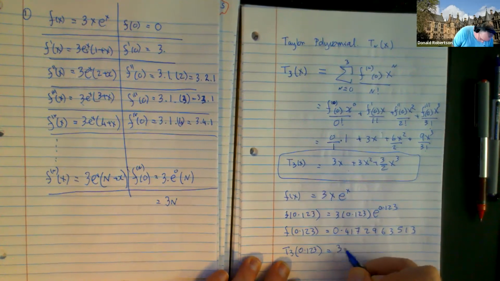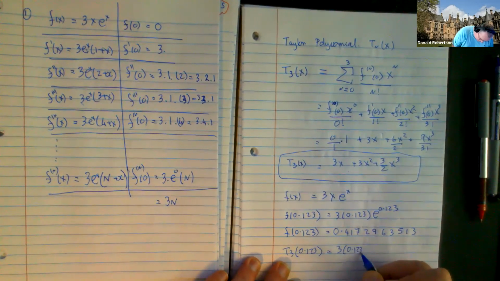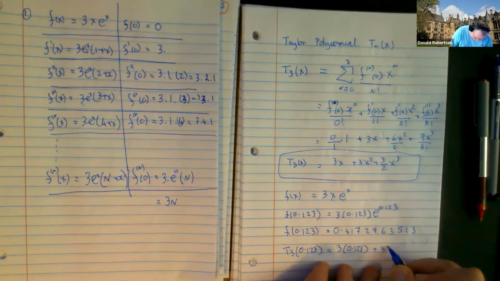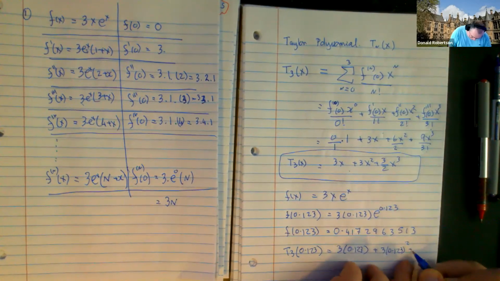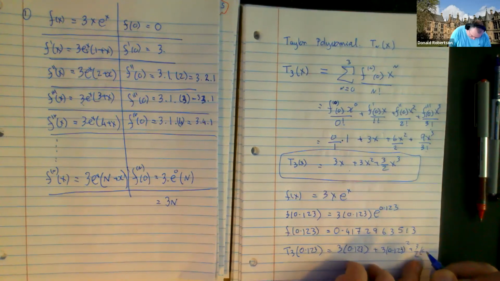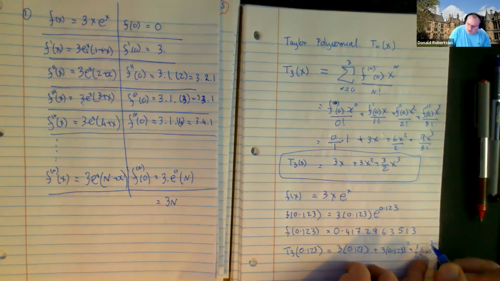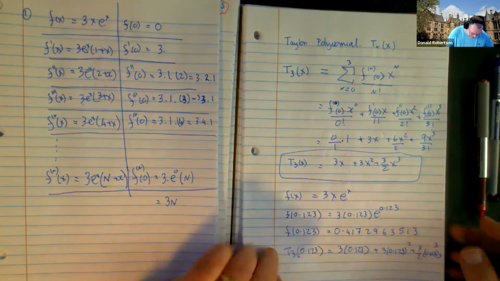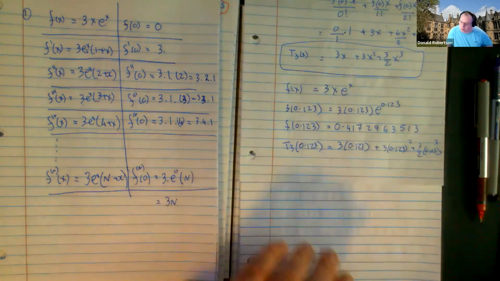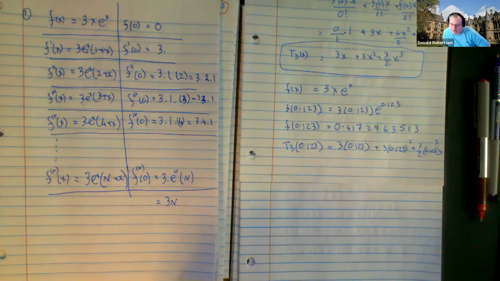So that's going to be 3 lots of this guy plus 3 lots of this guy squared plus 3/2 times this guy cubed. And I'm not going to ask Christoph, because he has too high a wall to jump. So Caitlin's a much nicer student, right?